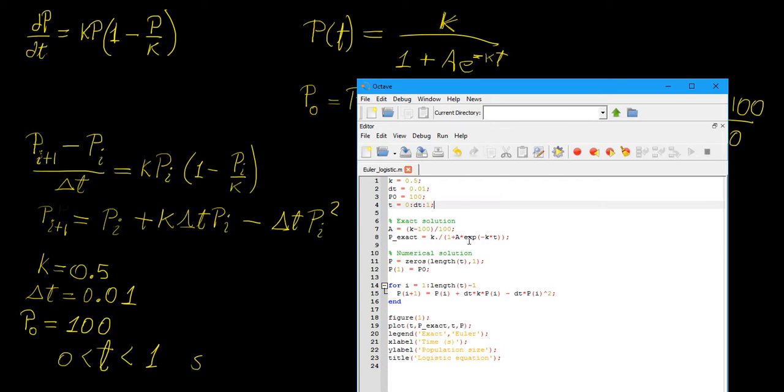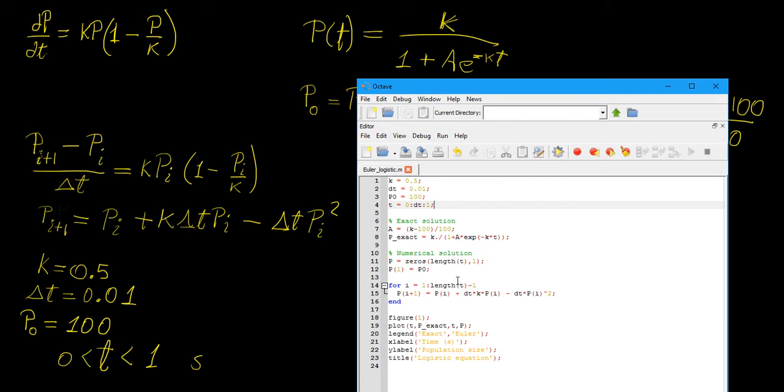So this whole thing in the denominator is going to be a vector. If you're dividing a constant by a vector in Octave or MATLAB, you need to do that element-wise, so you're dividing by each element of that vector. You need to put a dot in front of your operator symbol. This will give you the exact solution for this interval of time.